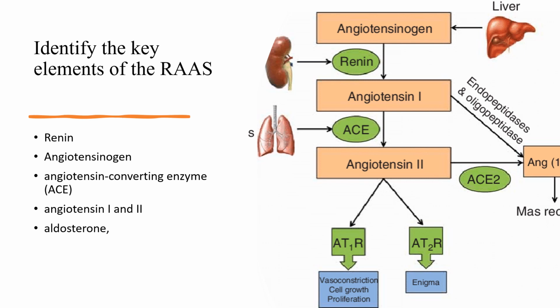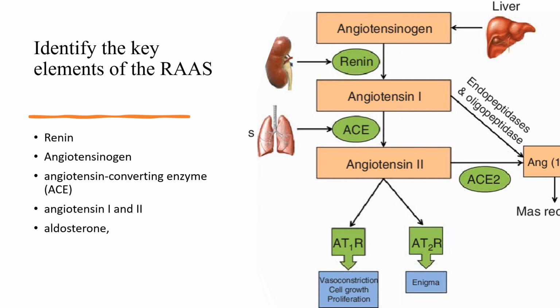The effects of angiotensin 2 are mediated through two main receptors, AT1 and AT2 receptors. The AT1 receptor mediates vasoconstriction, while activation of the AT2 receptor promotes vasodilation and counterbalances some of the detrimental effects of AT1 receptor stimulation.